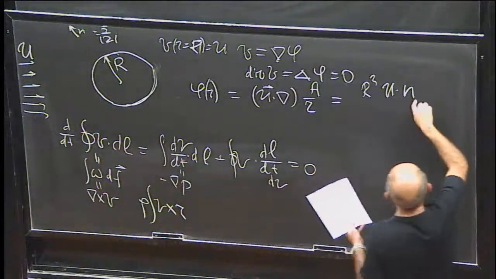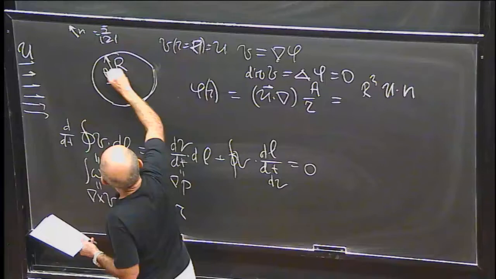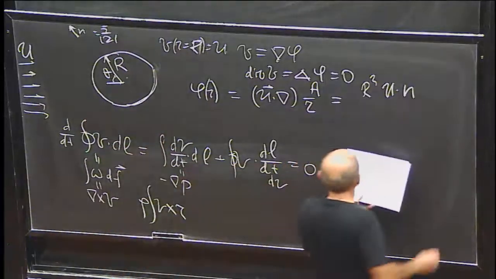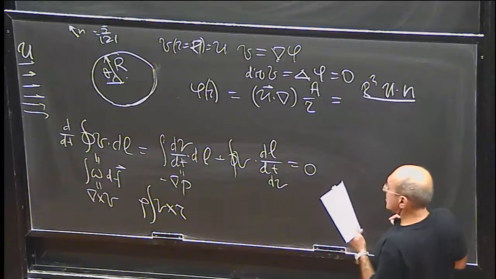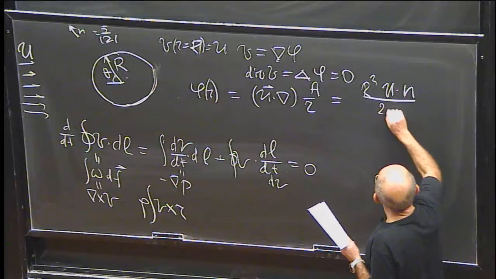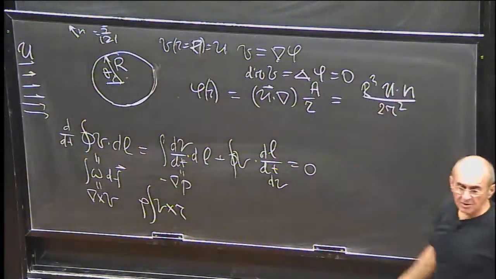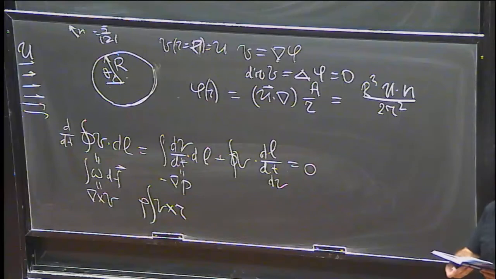So it's u cosine theta, if you call this theta, divided by 2r squared. It's a dipole field, and you can write the velocity, which should be like the electric field of a dipole, usual stuff.